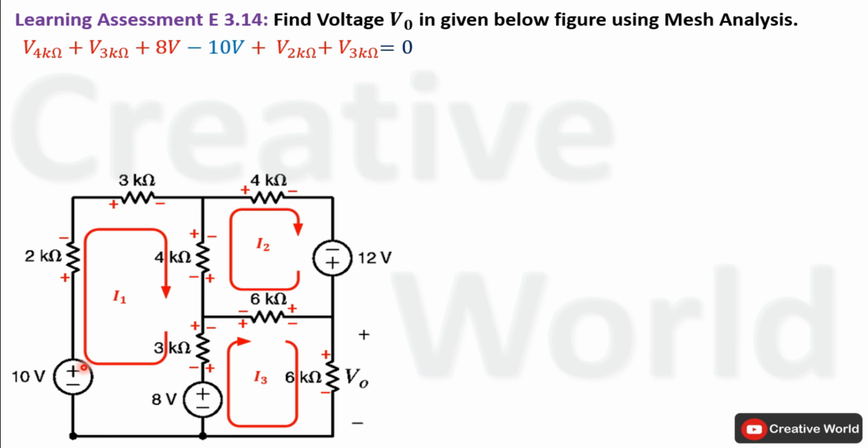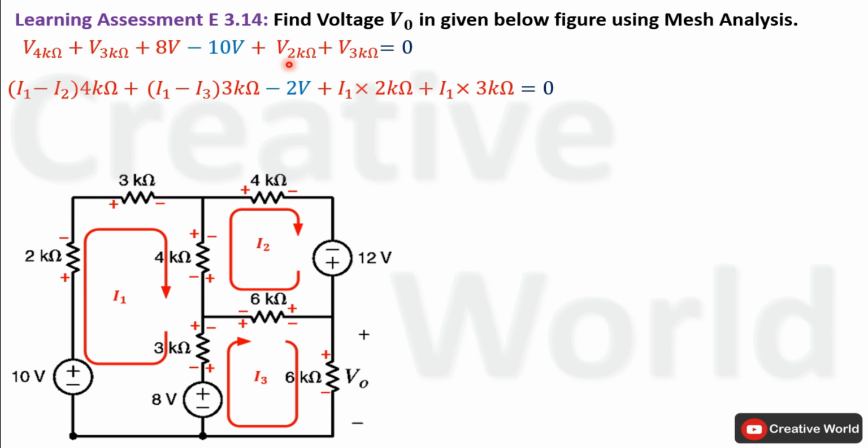This voltage source value will be taken with negative sign because current is entering from negative terminal, minus 10 volt. Next, current entering terminal is positive, so voltage across this 2 kilo ohm resistance will be taken with positive sign. And at the end, current entering terminal is positive, so voltage across 3 kilo ohm resistance will be taken with positive sign. Now we have to replace all these voltages with their respective equations.